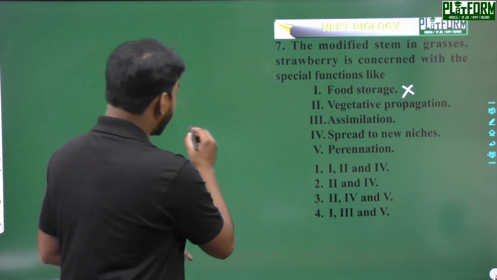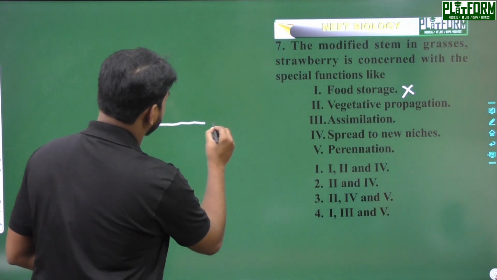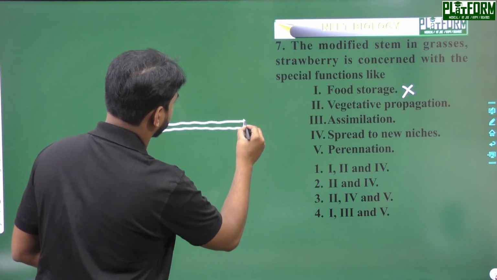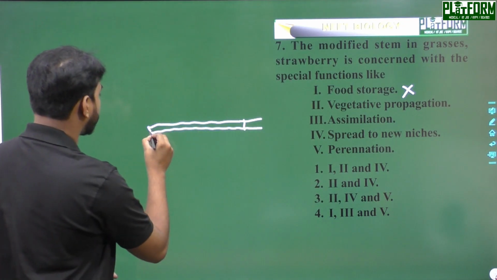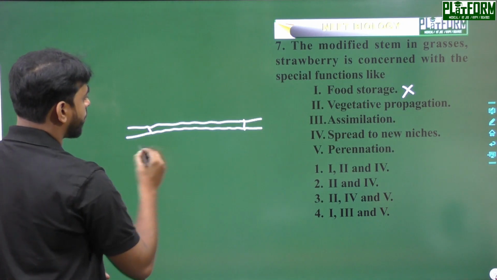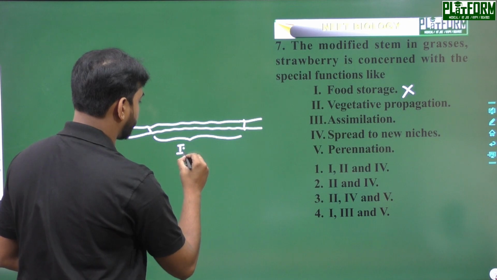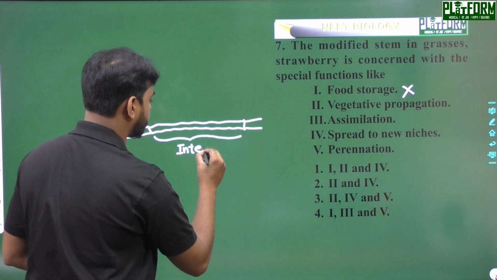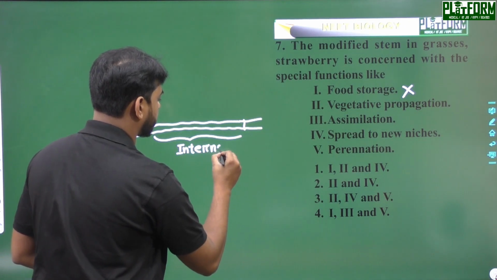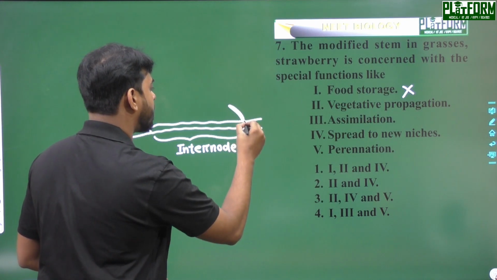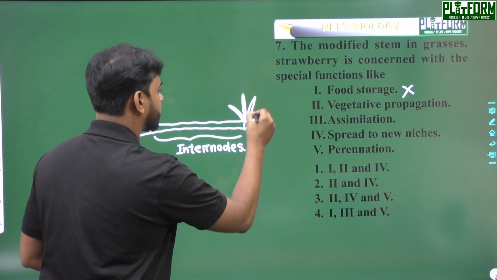So, runner is a long structure with prominent nodes and internodes, where the internodal part is long.